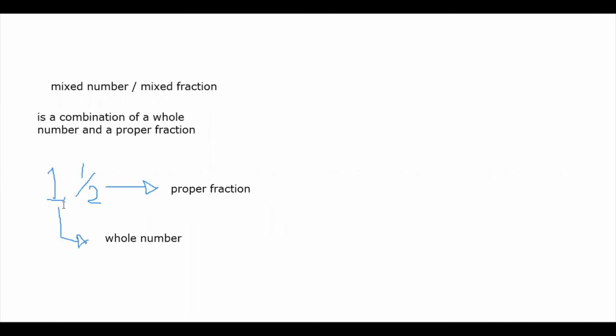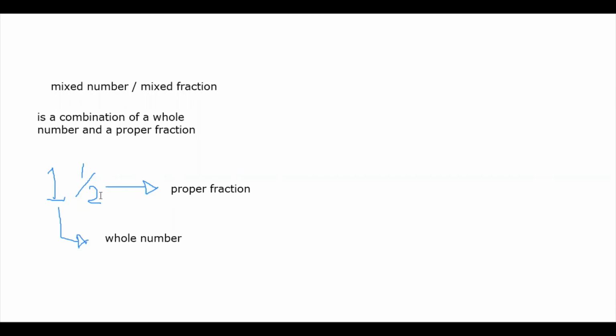We have 1 and 1/2. It's easy, right? I know it looks familiar to you because it was already taught to us when we were elementary pupils. Anyway, we have 1 and 1/2. 1 is our whole number and 1/2 is our proper fraction. It is the combination of 1 whole number and 1/2 as the proper fraction.